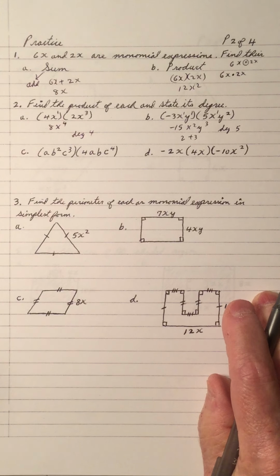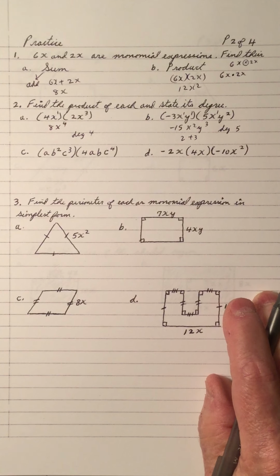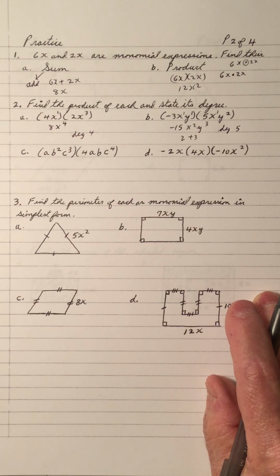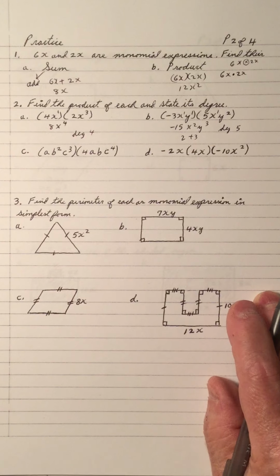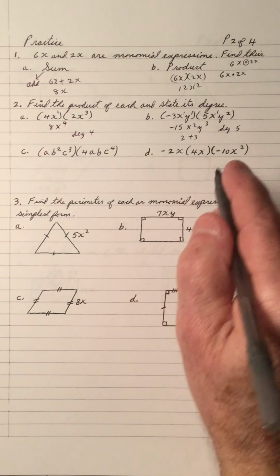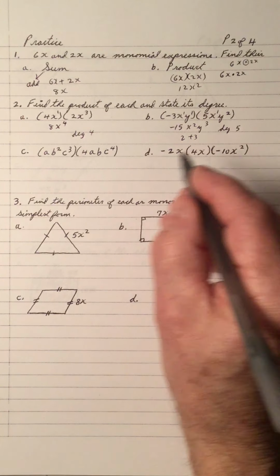Because to get the degree of a term, you add up the exponents. To get the degree of a polynomial, you get the degree of each term and pick the largest degree. So you still have to get the degree of each term and get the largest. But when there's only one, then it's easy, just add up the exponents.